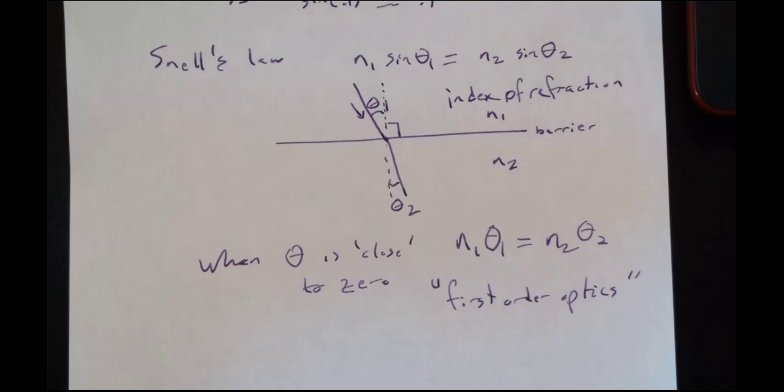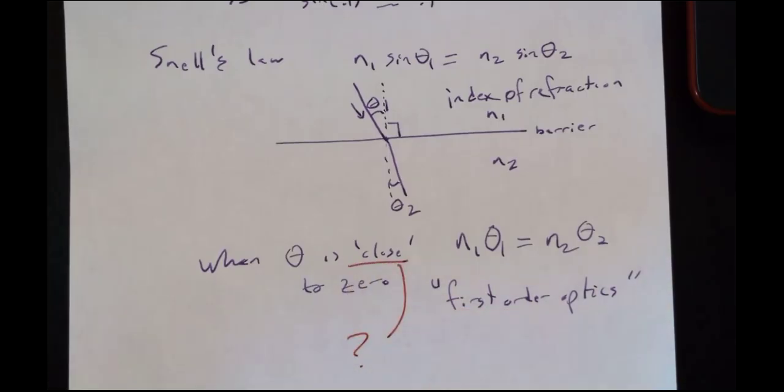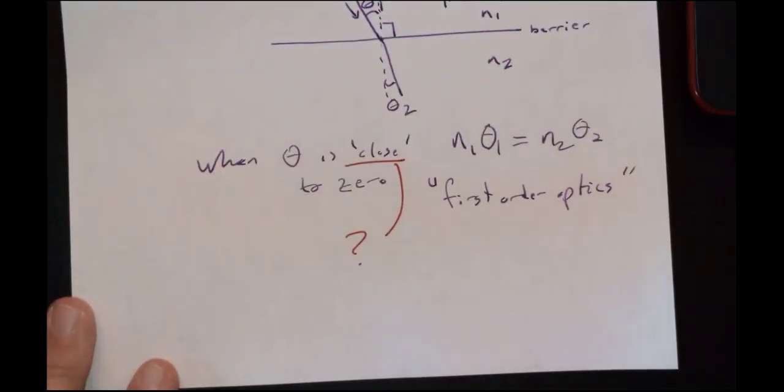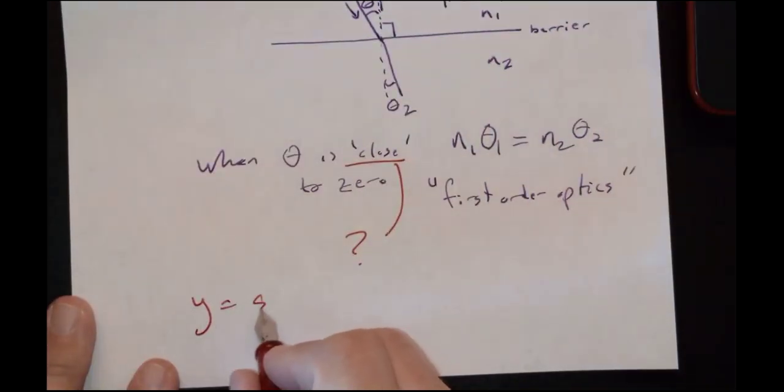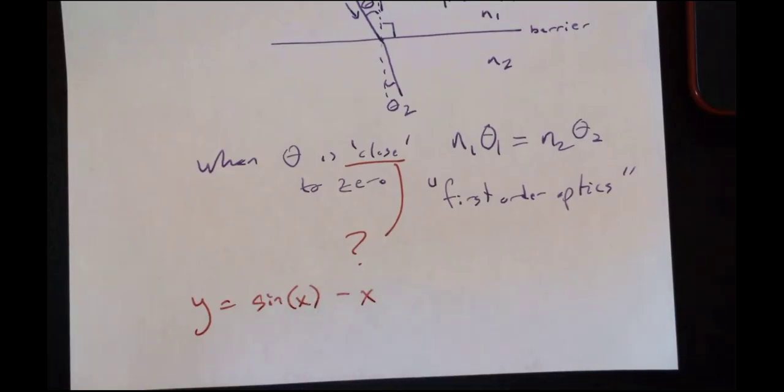As my angle gets bigger, this condition is going to break. So how close is close to zero? Let's talk about that margin of error for a second. Let's consider the difference between the two.